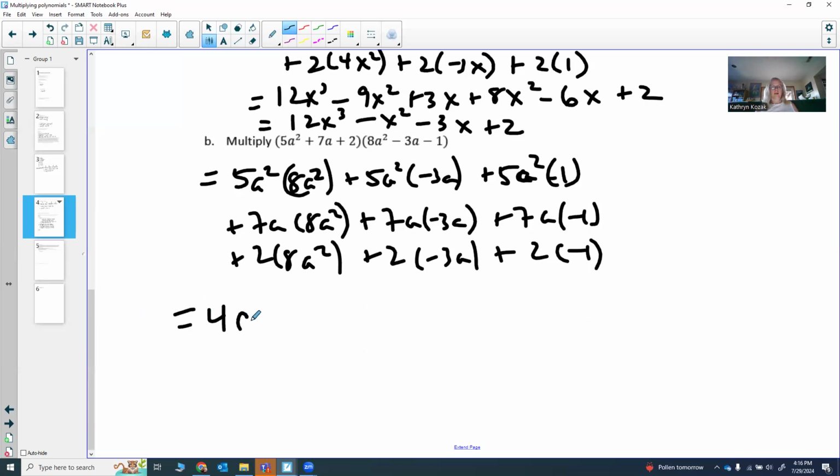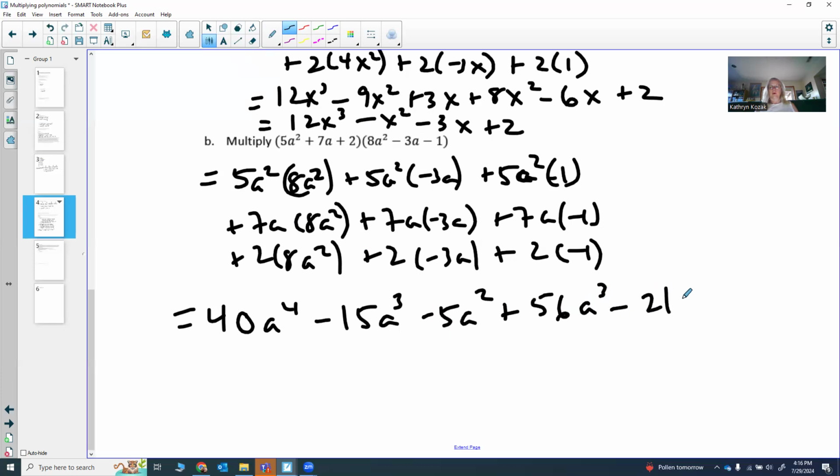So you get 40a to the 4th minus 15a cubed minus 5a squared plus 56a cubed minus 21a squared minus 7a plus 16a squared minus 6a minus 2.